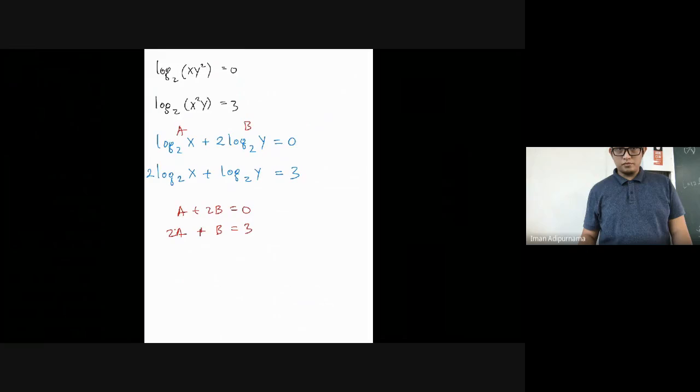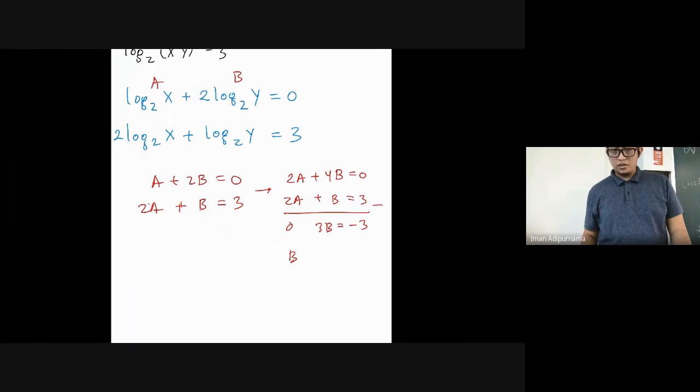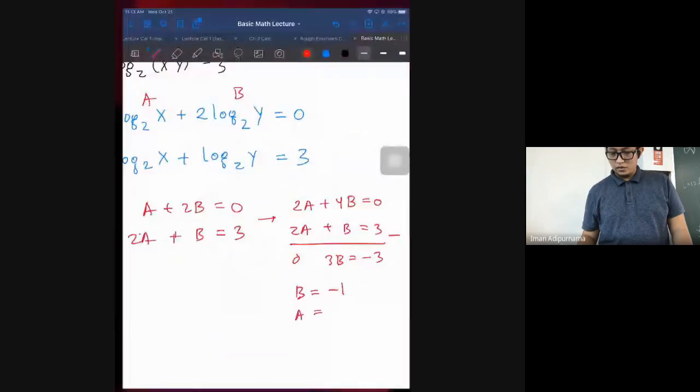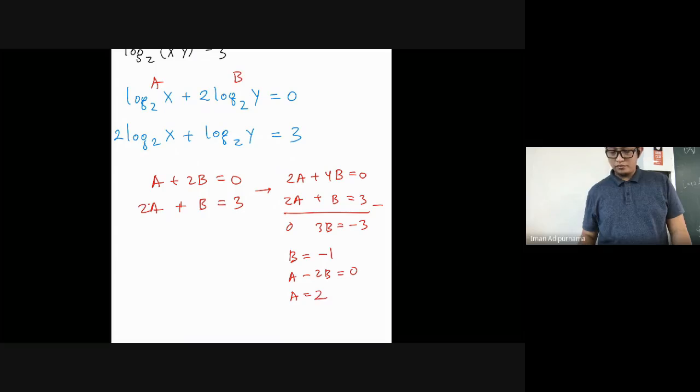Solve this. Let's make 2a and 4b, and then 2a plus b is 3. Then subtracting, 3b is minus 3. So b is negative 1. So a minus 2b is 0, so a is 2.